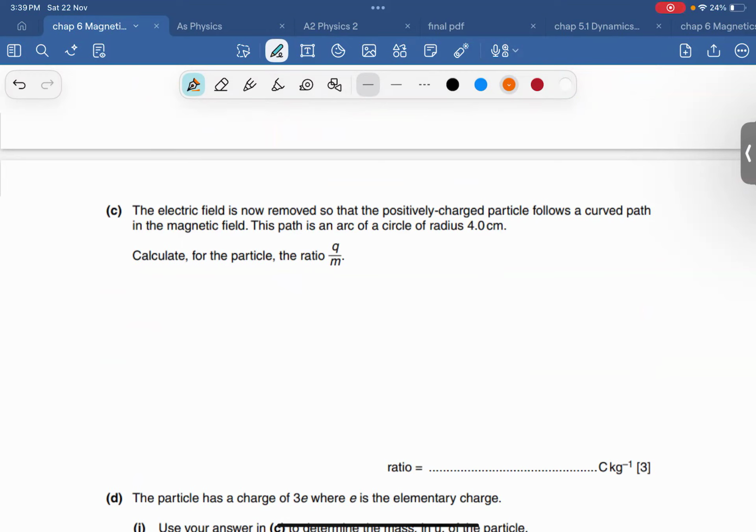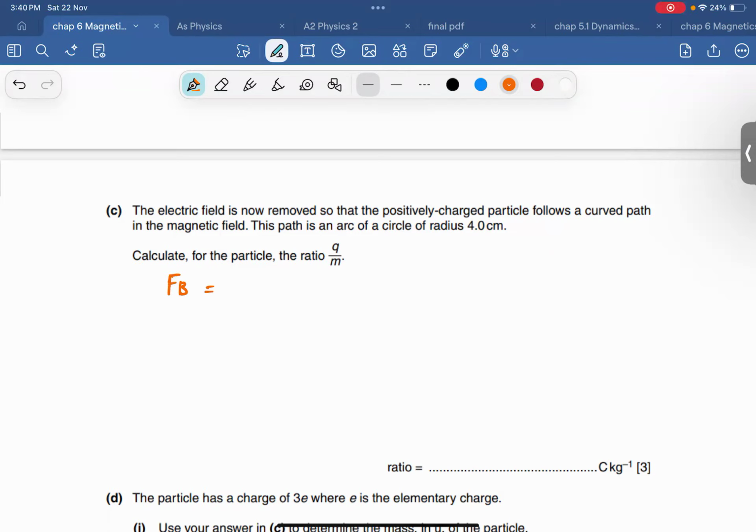The electric field is now removed so that the positively charged particle follows a curved path in the magnetic field. The path is an arc of a circle of radius 4 centimeters. Calculate for the particle the ratio Q over M. Which formula do you use? You can equate it to the centripetal force. Very good.